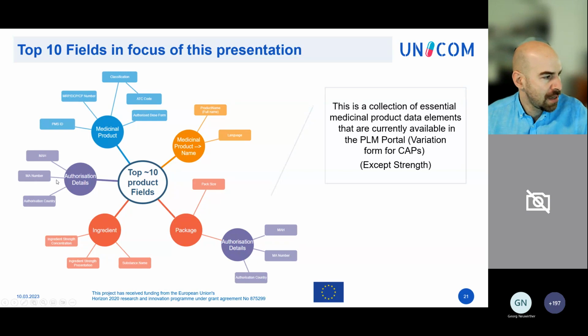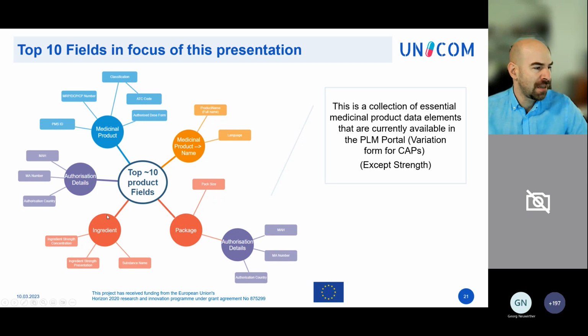We will show you how to get the MA number and the authorization country. This can be tricky because these same authorization details can also be on the package. So we will show you how to get the package. The way to identify the package at the moment is only really the package size. That's all that will help you.